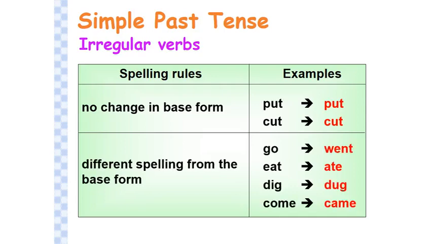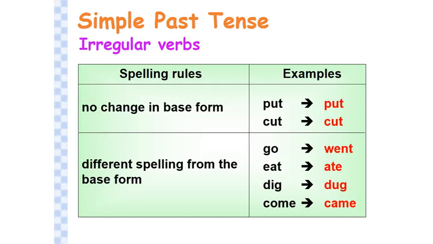Now let's talk about the second rule of spelling to make an irregular verb: different spellings from the base form. When I say different spellings, it means it is going to have a different spelling in the second form of the verb. For example, I say go.